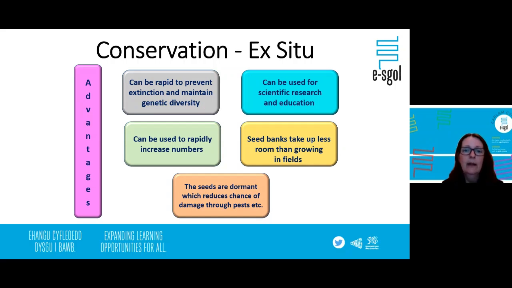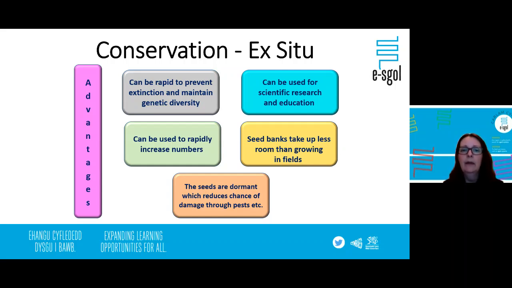So we are taking animals or samples away from their particular area. We are not carrying out conservation at the site, and that's what in situ conservation is, and we'll look at that shortly. With ex situ conservation, we can carry out that process very rapidly to increase numbers.